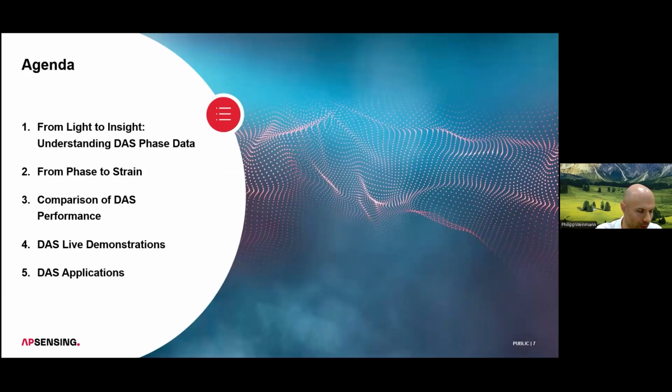That's point one. Once we know the theoretical background of phase data, then I will briefly summarize how phase data can be converted into strain data, because strain is a quantity that is very common in geoscience. After that, we will have a look at how the performance of DAS vendors can be compared.